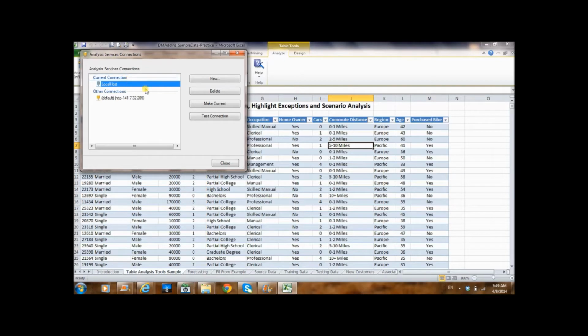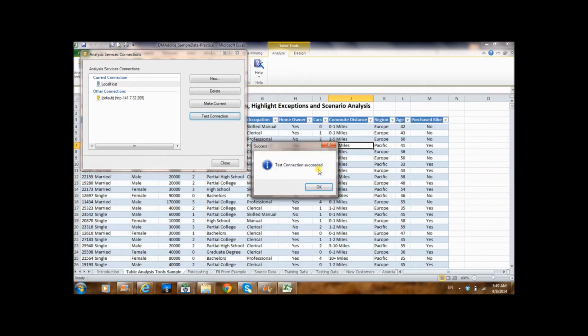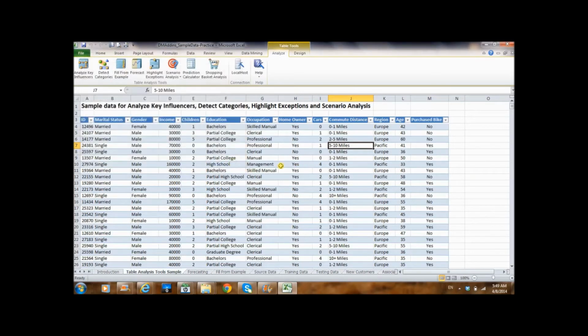But if you have SQL Server installed on your own machine, then you can use localhost. Either way, you have to find the server and then connect to it. It's always a good idea to test the connection. Test connection succeeded. Okay, cool. Now this one is connected to a SQL Server available on my local machine.